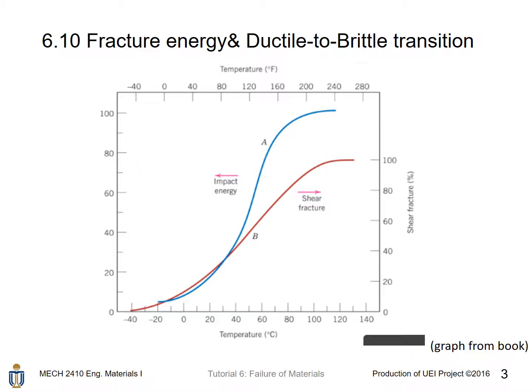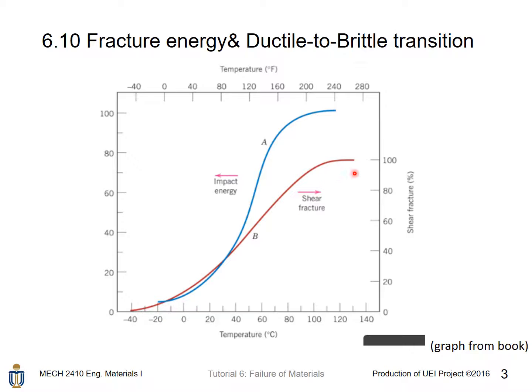The impact energy, as I've already mentioned, is higher at higher temperature. For example, at 100 degrees Celsius, the impact energy is approximately 100. And at a lower temperature, let's say 0 degrees Celsius, the fracture energy is more than 10.